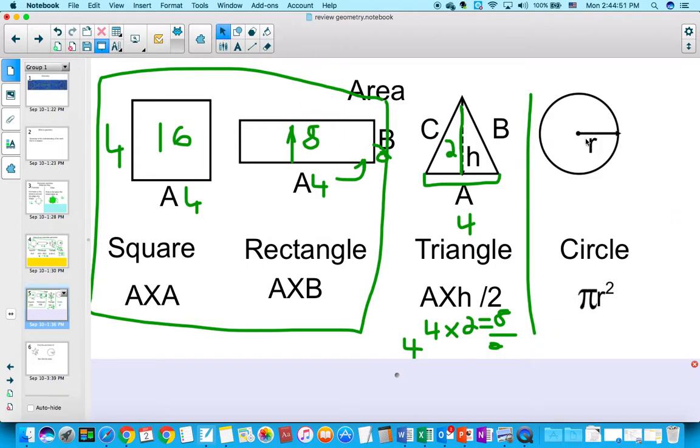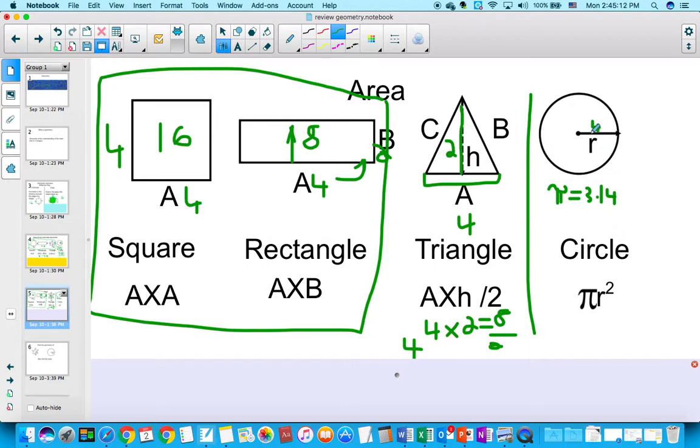Knowing that, let's say our r is 4 again. Cool. Let's use 4. So the area of this circle is equal to pi r squared. We know pi always equals, and we'll use the shortest form of pi, 3.14. This is what you're going to run into most of the time, 3.14.